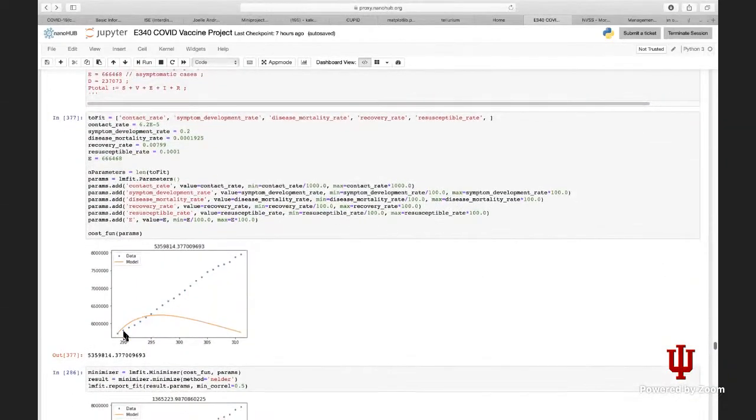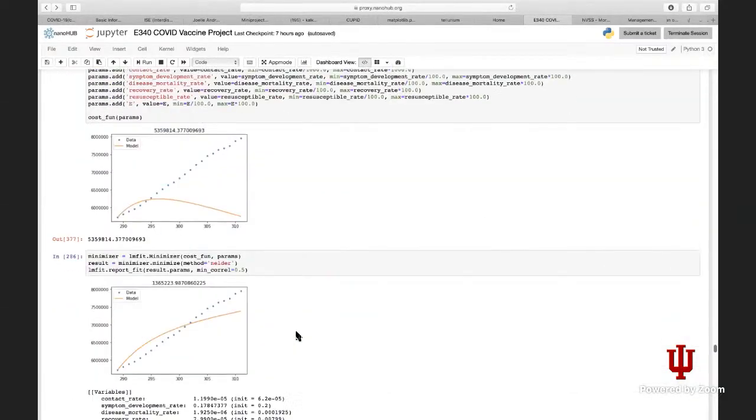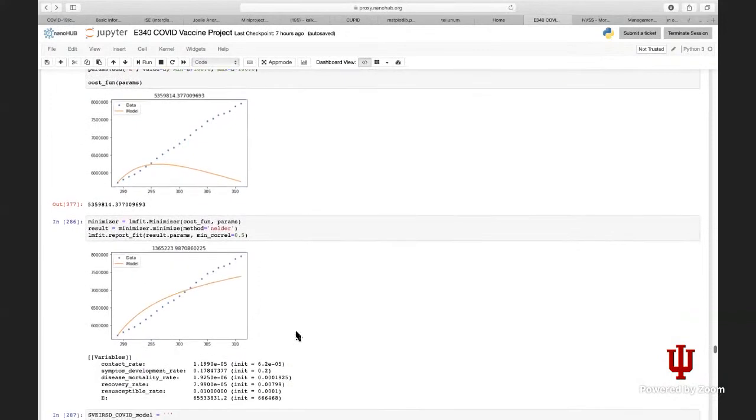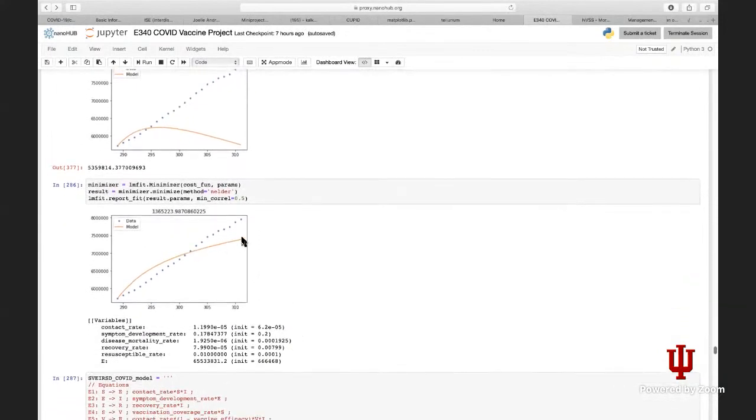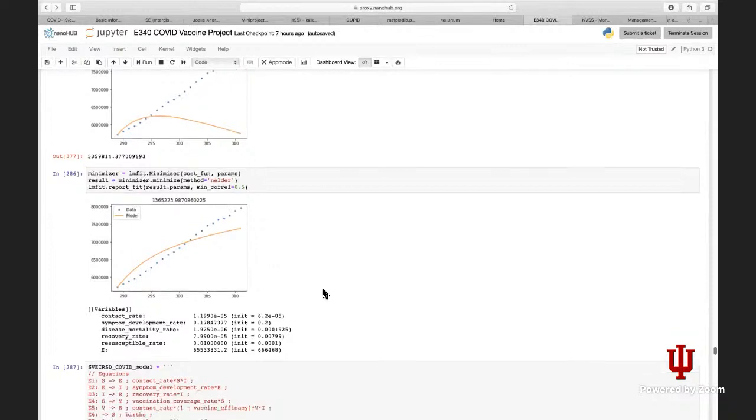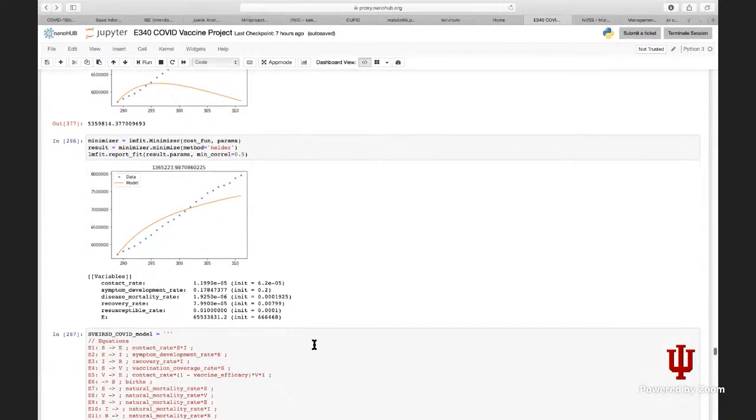So if we do our initial fitting, it doesn't look too good so far. Let's see what happens after we end up fitting the whole thing. It's definitely better, but not super close to the data, which might lead me to the conclusion that maybe we need a different type of model to look at this problem. But continuing with what we've got, here are the new fitted rates.